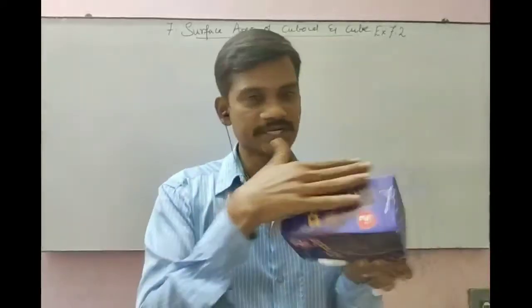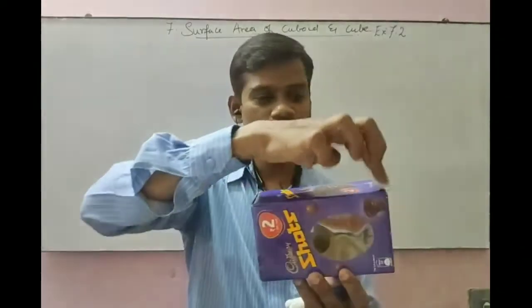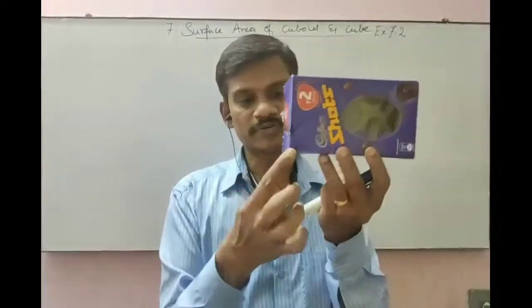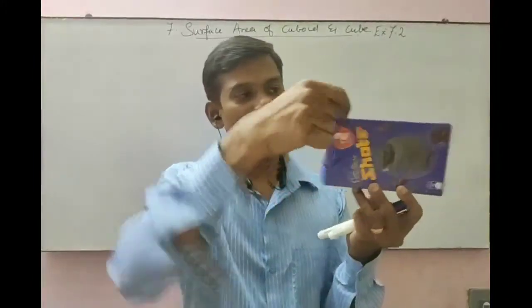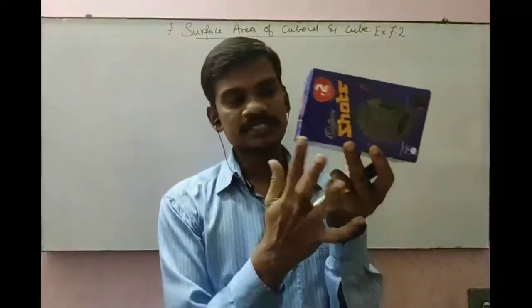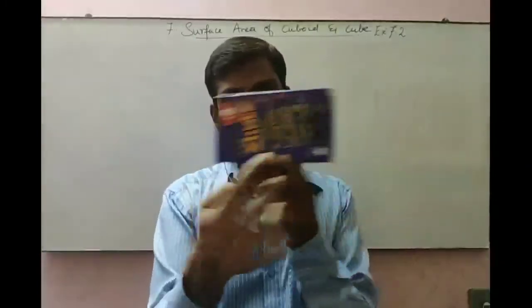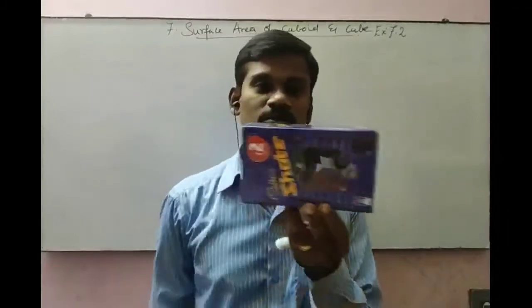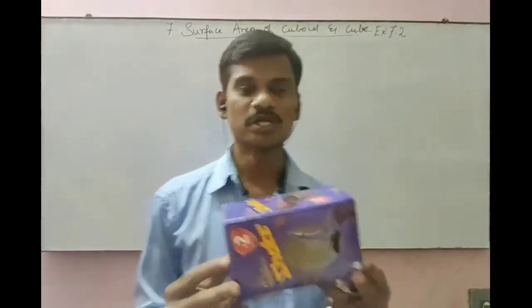Then 8 vertices: 1, 2, 3, 4, 5, 6, 7, 8. And 12 edges: 1, 2, 3, 4, 5, 6, 7, 8, 9, 10, 11, 12. So these are the edges. 8 vertices and 12 edges.